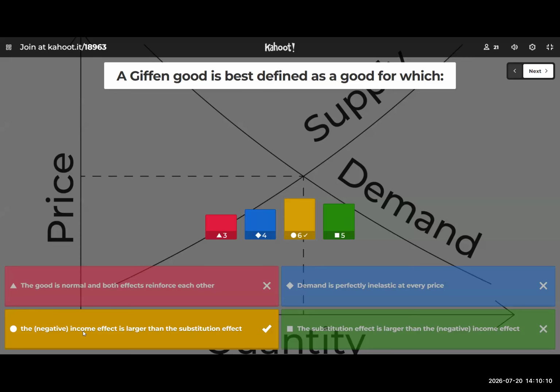So the negative income effect is larger than the substitution effect. That's why giffen good has an upward sloping demand curve, okay? You should be able to draw the demand curve for giffen good.